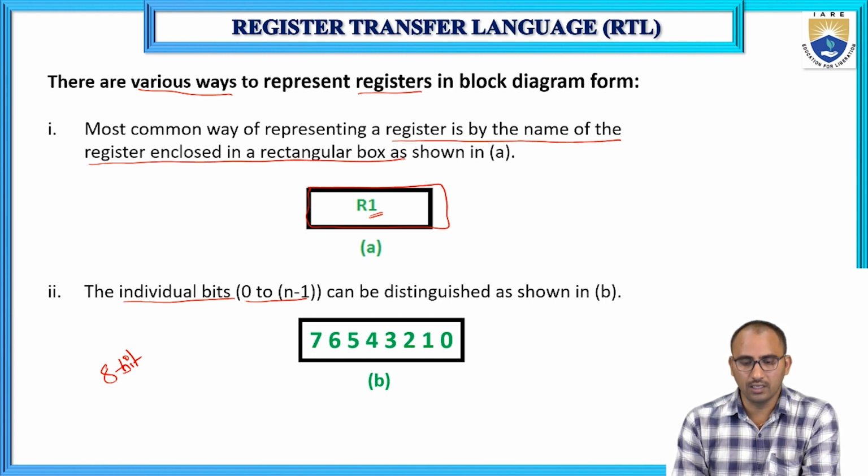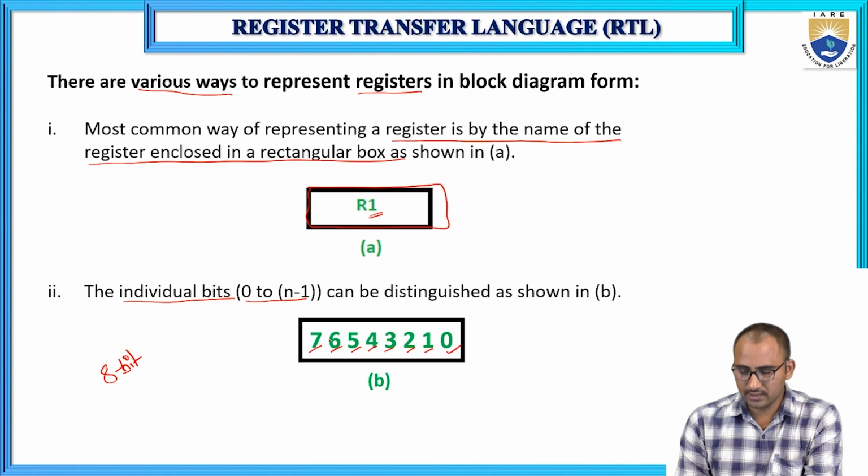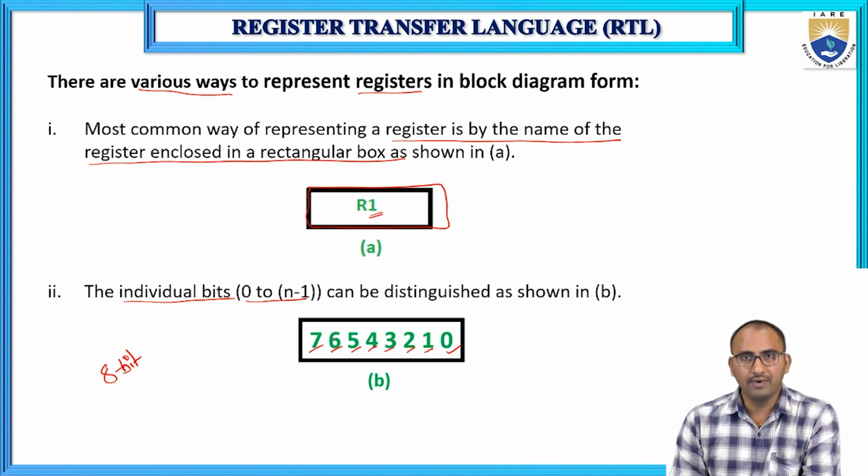So 8 bits means starting from 0 to 7: 0, 1, 2, 3, 4, 5, 6, 7. Here we are specifying individual bits of a register. So this is the second way of specifying the register.